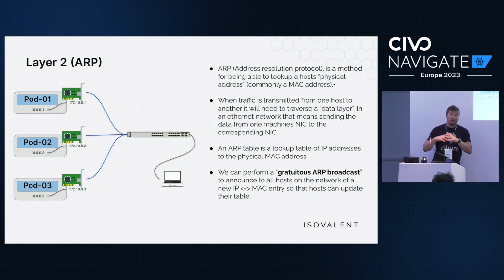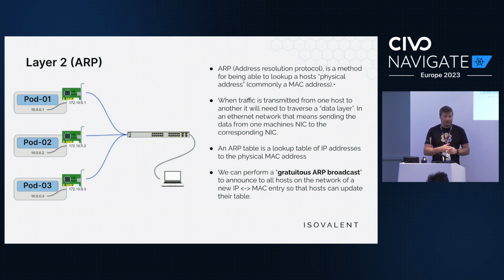is a technology called ARP, so Address Resolution Protocol. Typically, we're all using ARP all day, every day, without really realizing it. When you came in here and connected your phone to the Wi-Fi network, there was an ARP broadcast which basically said, my phone is on this network and has this IP address.